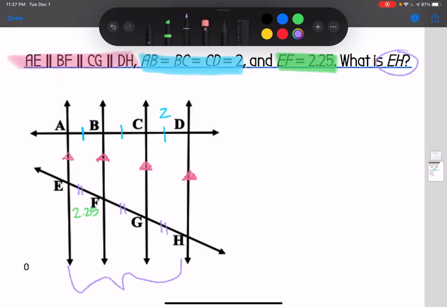Which means if EF is 2.25, so is FG, and so is GH. Or another way of doing that is that each of these three can be multiplied, right? And we can get 2.25 times 3 to get what EH is, and you end up getting 6.75. All right, that's all I got for you. Thanks for watching.